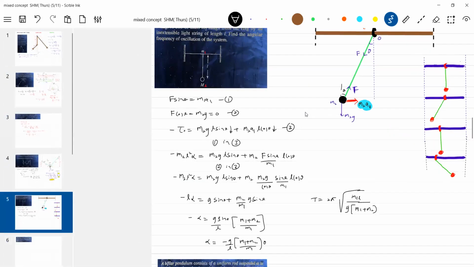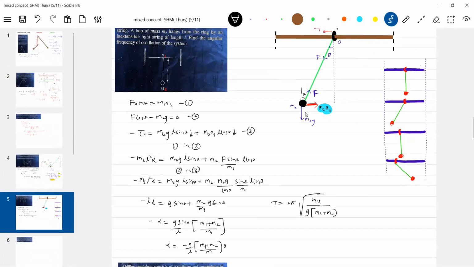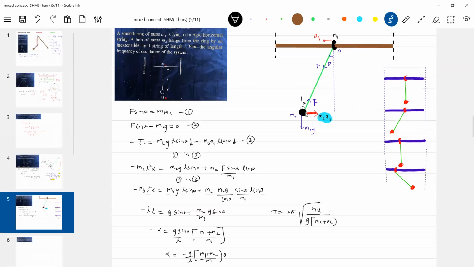Okay, this is the time period of oscillations of this pendulum. It also depends on the mass of the ring. You can see this. You can do one thing. You may find this a little bit difficult, so let's try to understand it this way.